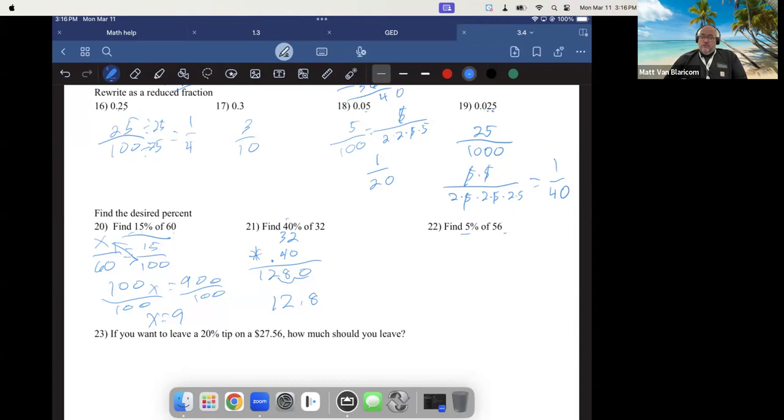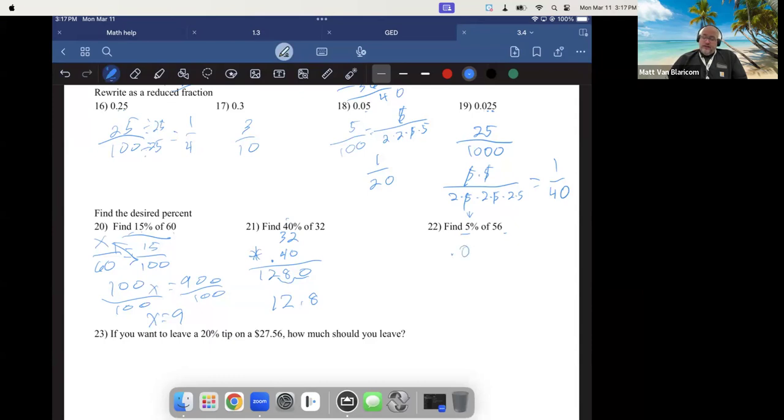So 3.2 times 4 will get me the same place for the answer. Here, I multiply by 1/2 of 10%. So if I cut 5.6 in half, I'll get my answer. Now, for anyone not seeing it, that's okay. That's why we have is over of.